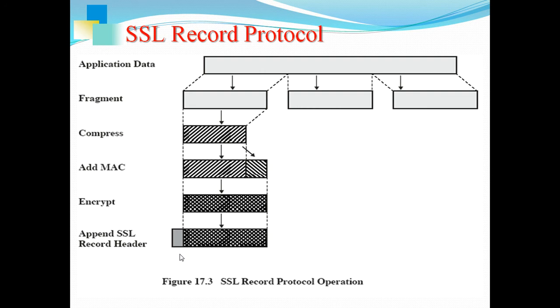Now look at the figure of the SSL record protocol. This record protocol plays a vital role in SSL security. Now, generally, where does the data come from? The application layer. Just look at the diagram.